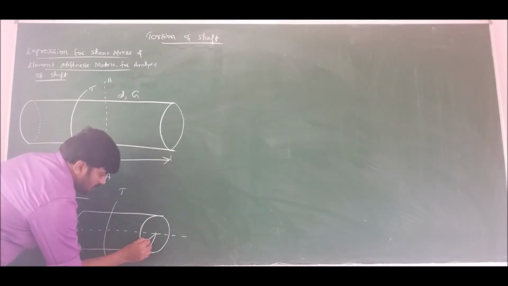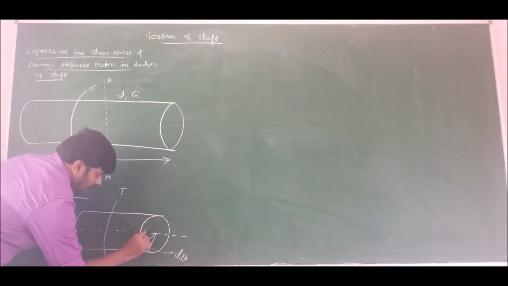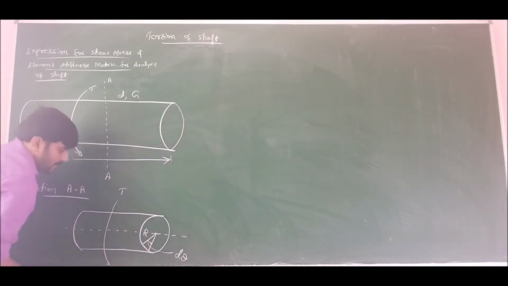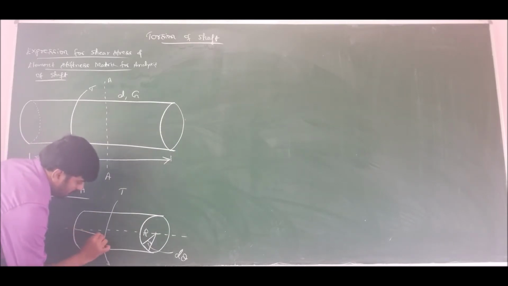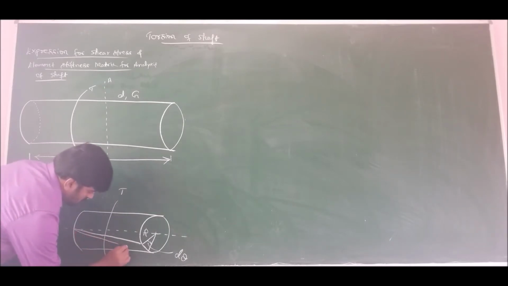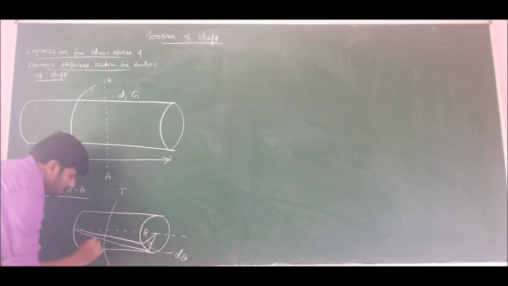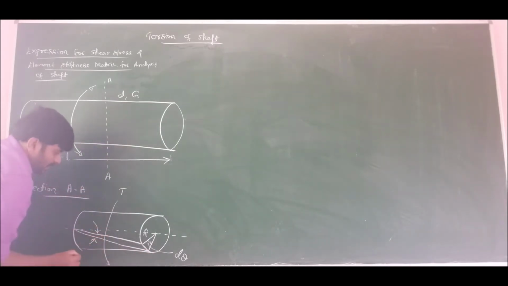Let the deflection be taken as d theta and the radius is R. This angular deformation is nothing but shear strain, which is denoted by gamma. So this angular deformation is termed as shear strain.